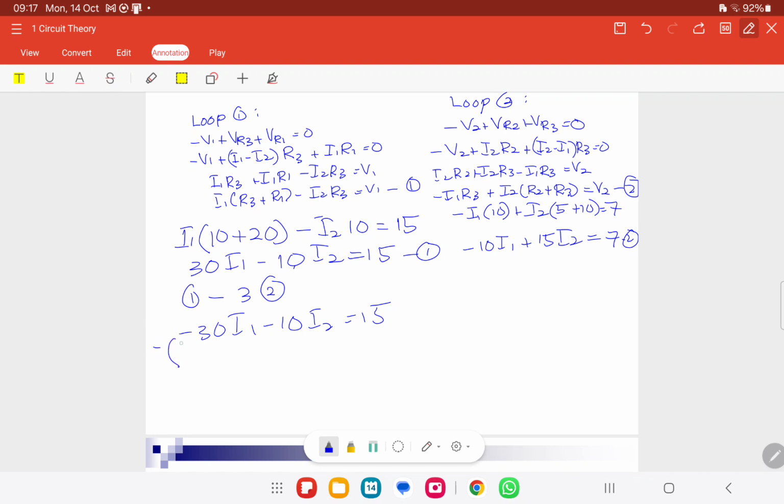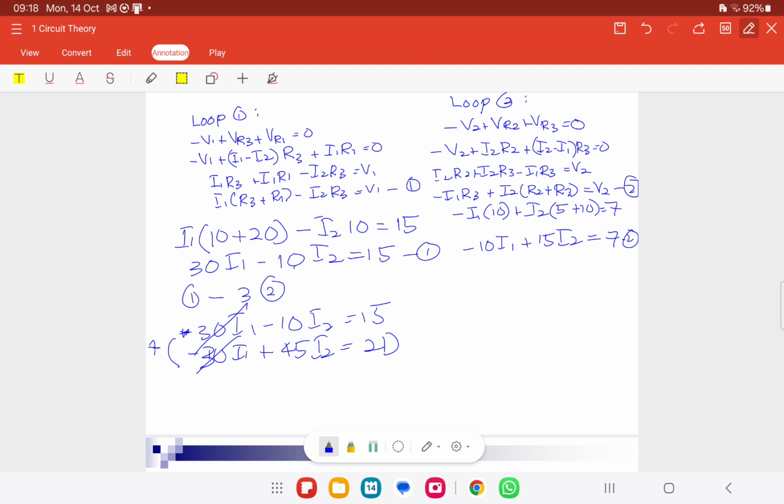Sorry, minus 30 I1 plus 45 I2 equals to 21. Betul tak? Darab 3 lah. Lepas tu kita boleh potong yang ni, tinggallah yang lain tu. Itu tambah je. Kita tak tolak, kita tambah. Macam tu. Okey.